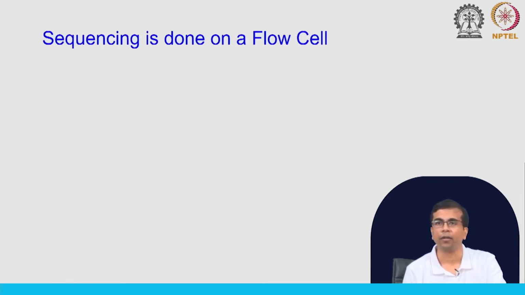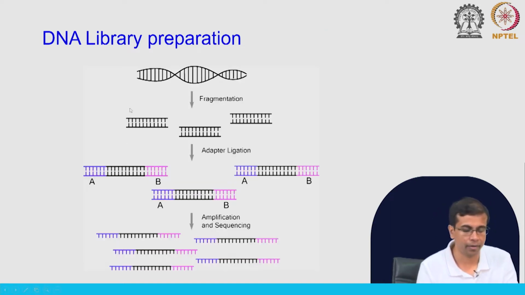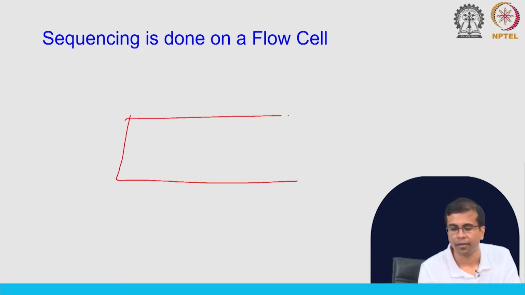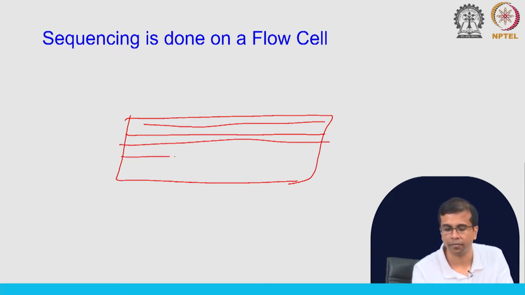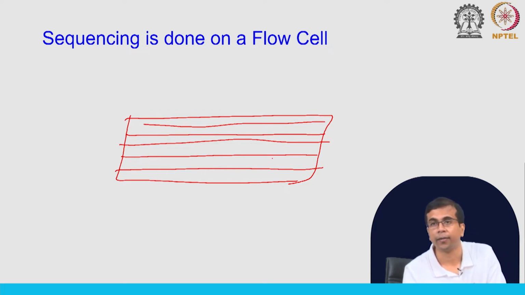In Illumina sequencing, sequencing is done on a flow cell, not a picotiter plate, but it is a very similar idea. What you have there is something like a plate, and if you see a picture of this, you will find lanes, where the DNA molecules will be bound.